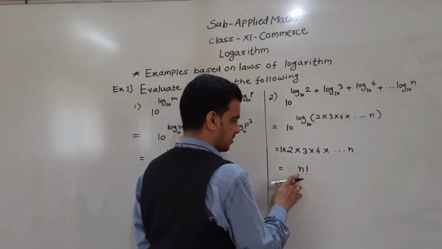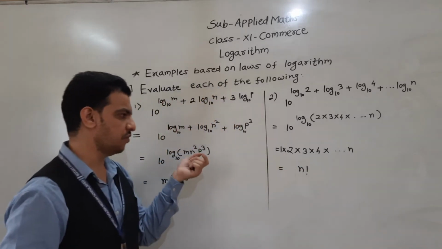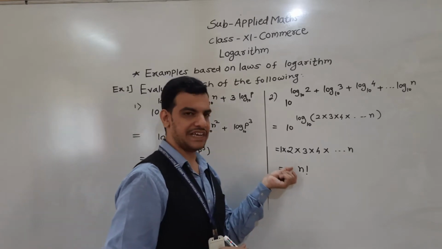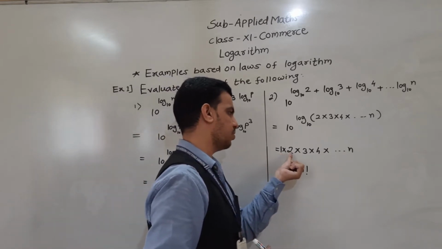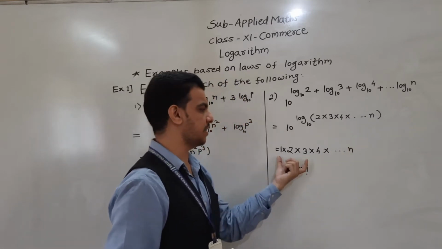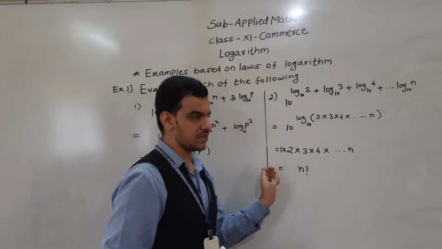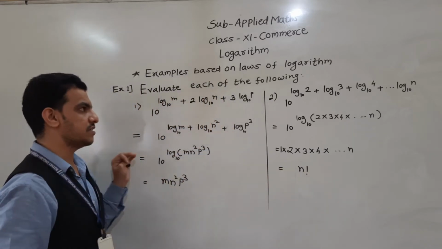Okay, understand this? N factorial means product of first n natural numbers, so 1 into 2 into 3 up to n. This we can represent as n factorial. Okay, this is the factorial sign. Understand this?